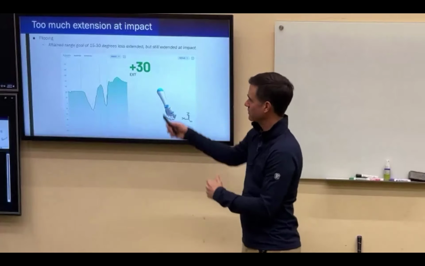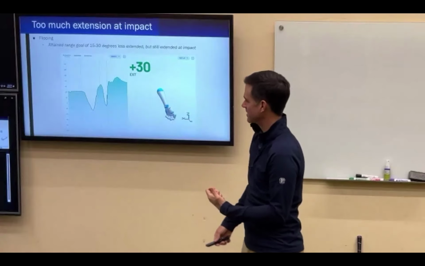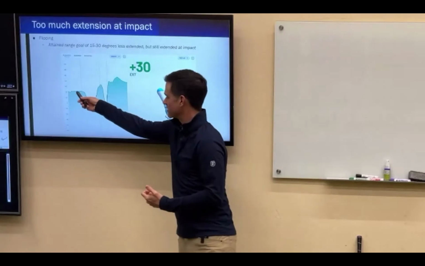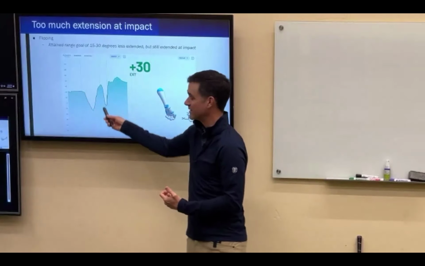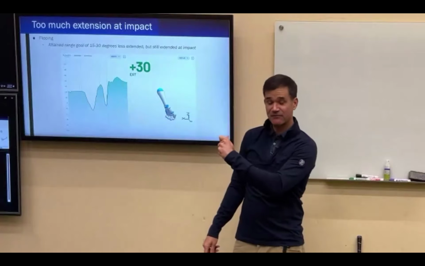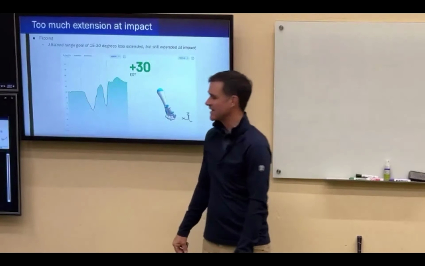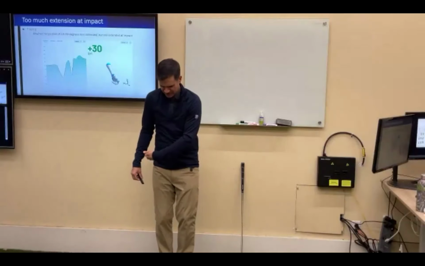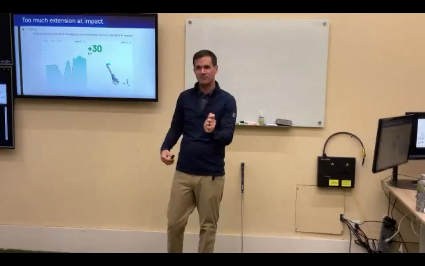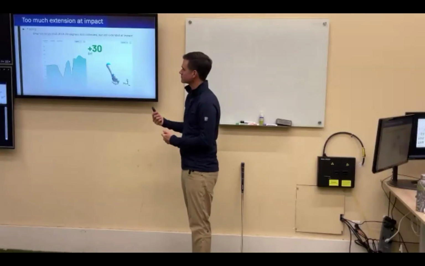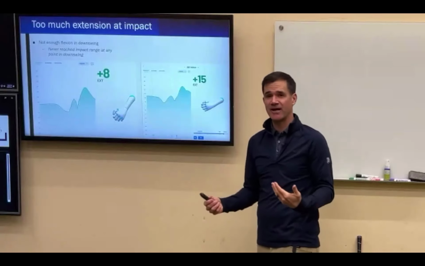If our goal is to be 15 to 30 degrees less extended than where we were at setup, here you can see this golfer started at plus 20 and they got to slightly below 0 here in transition. So they flexed it enough, but then you can see impact was basically the same as setup. Even though they flexed it enough in transition, they had a tendency to kind of stall and flip and let that angle out.